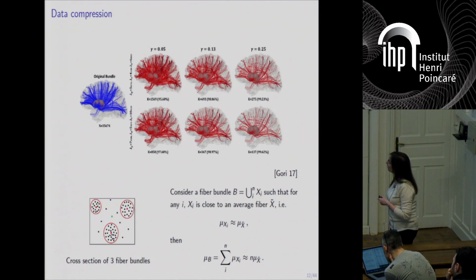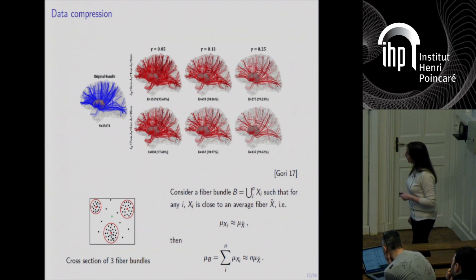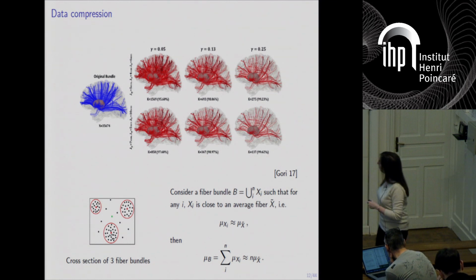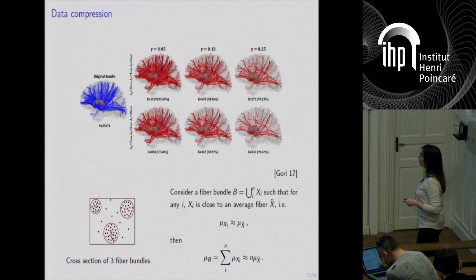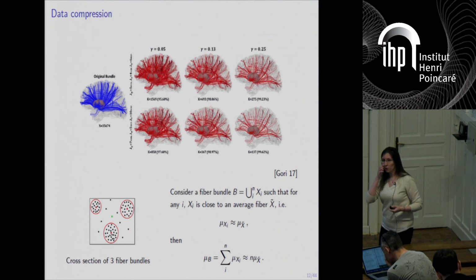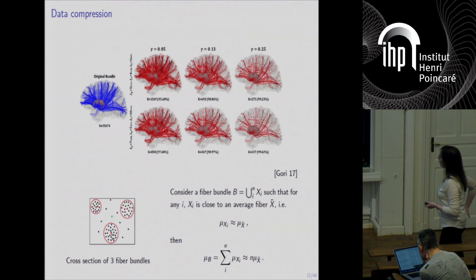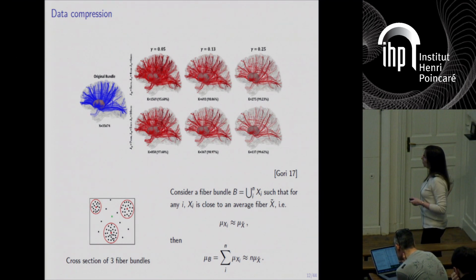Then when you consider the distribution of B, you can write it as the sum of the distributions of each fiber, and you obtain the number of fibers times the distribution of your averaging fiber. And this very simple formulation is due to the linearity of your shape representation. You're able to sum distributions in your space of distributions.